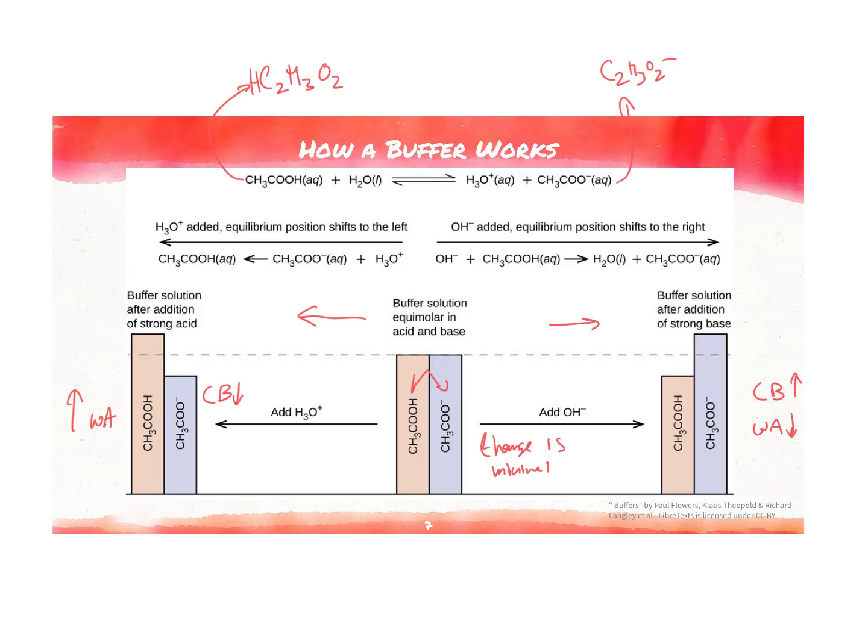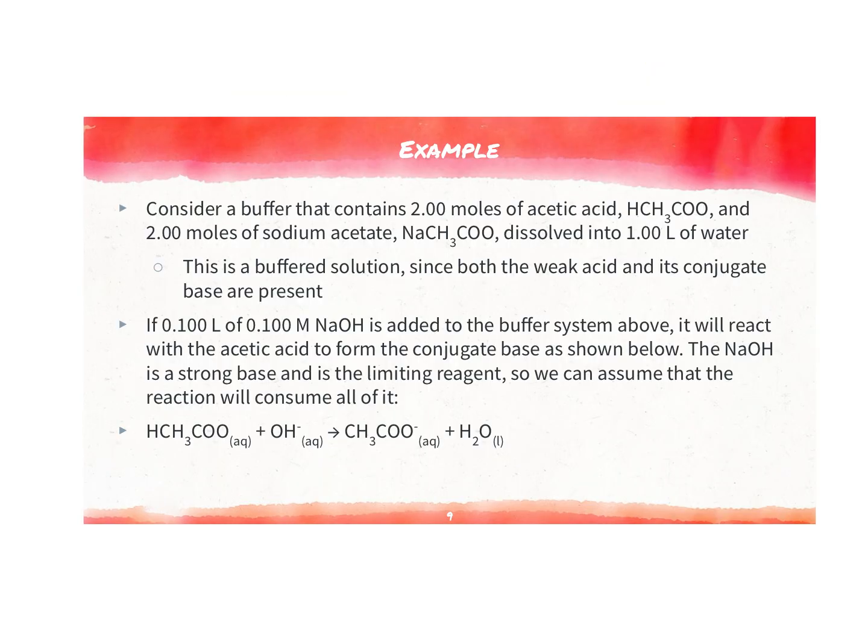Now, in the next two slides, I want to show you mathematically that this is true by using a Rice table and thinking about the equilibrium. So let's look at this example. I'm going to read it carefully to get all the information we need. Consider a buffer that has 2 moles of acetic acid, another way of writing it is HC2H3O2, and 2 moles of sodium acetate, which is just the conjugate base of acetic acid.